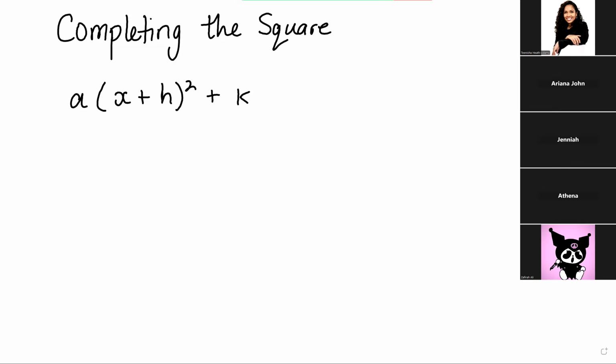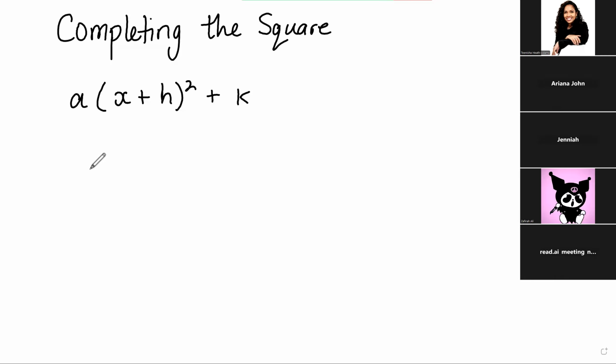So just to refresh your memory a little bit, if we have the quadratic x² + 6x + 5, to put this in the completed square format, we take x, then half of b, or half of the coefficient of x, which is half of 6, so 3, all squared.